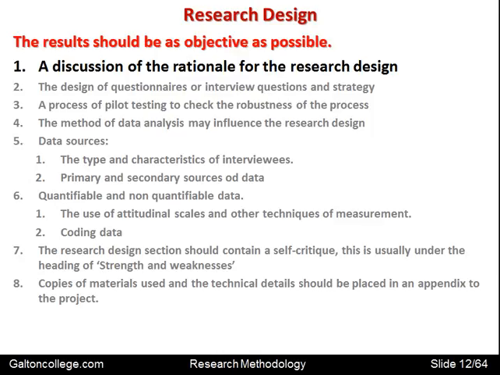The researcher's opinions and attitudes towards the topic being researched are irrelevant. It is the respondents that are important. So in here there should be a discussion of the rationale for the research design. Why was the particular research design selected?